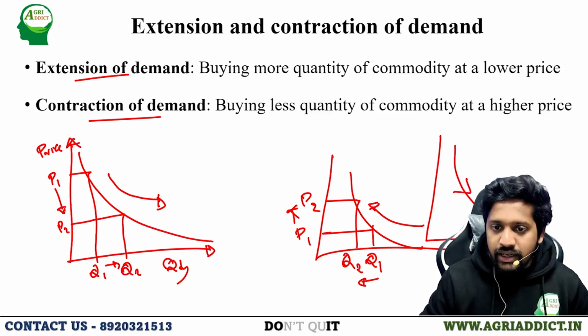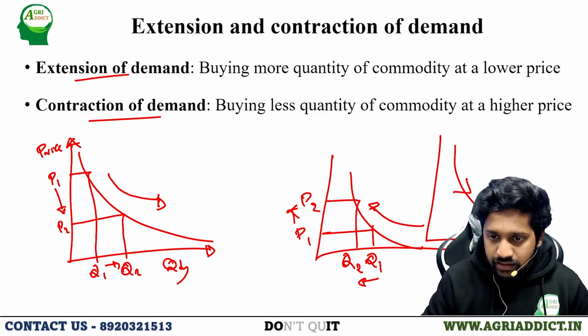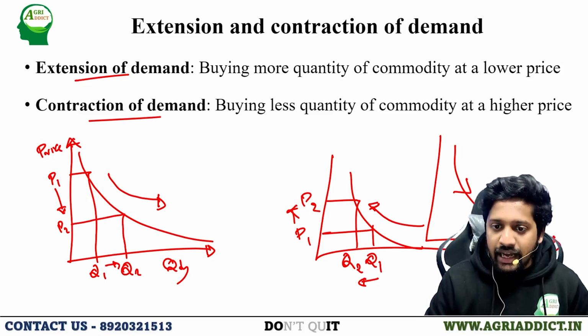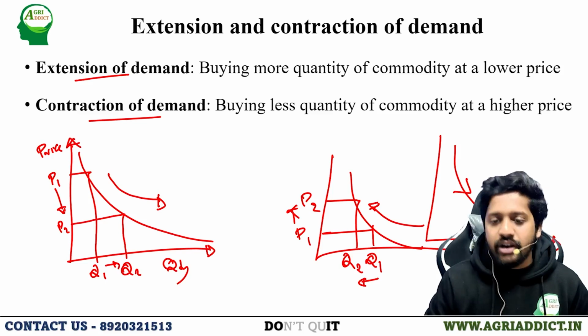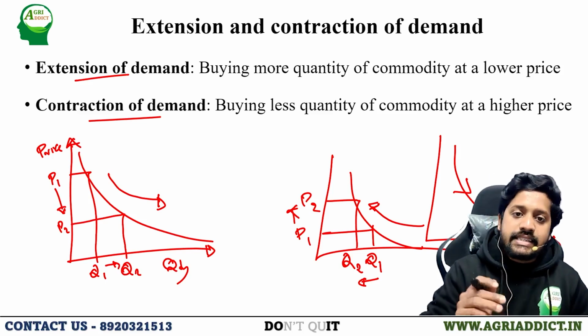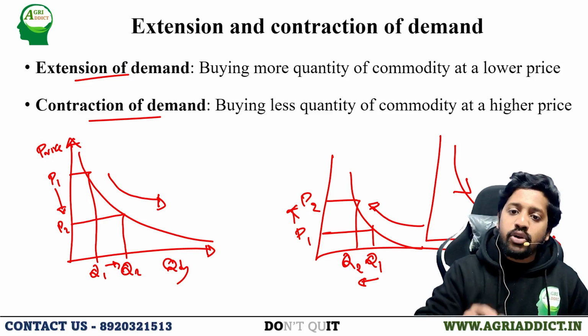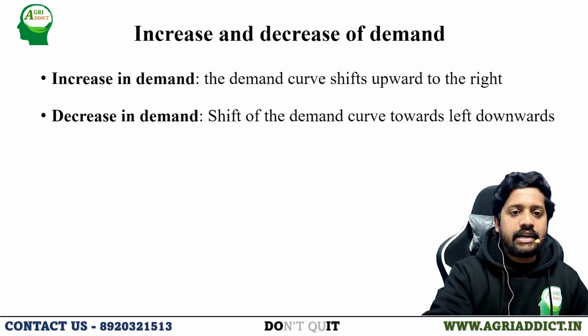Moving down is nothing but the extension of demand, and moving up is the contraction of demand. So extension and contraction of demand occur along the same demand curve.